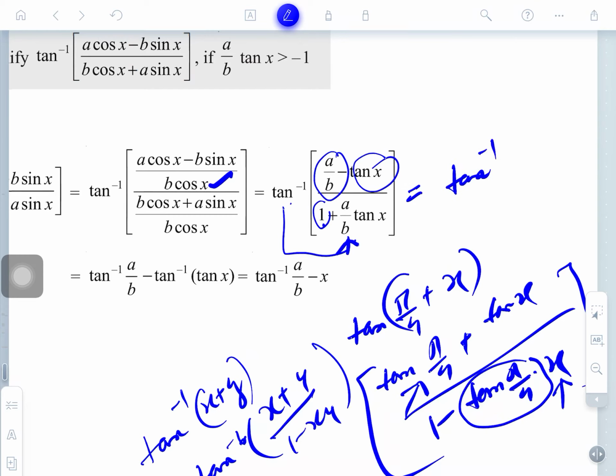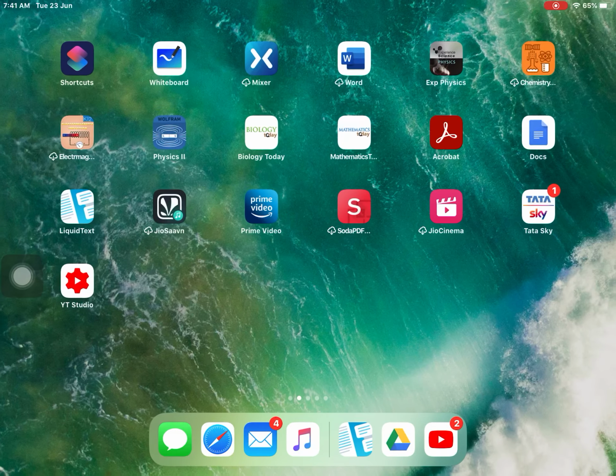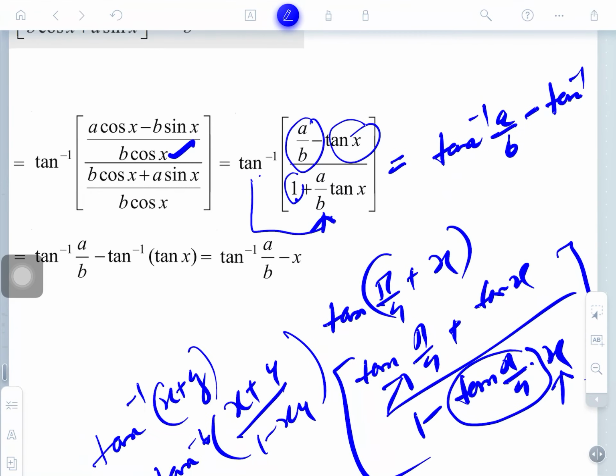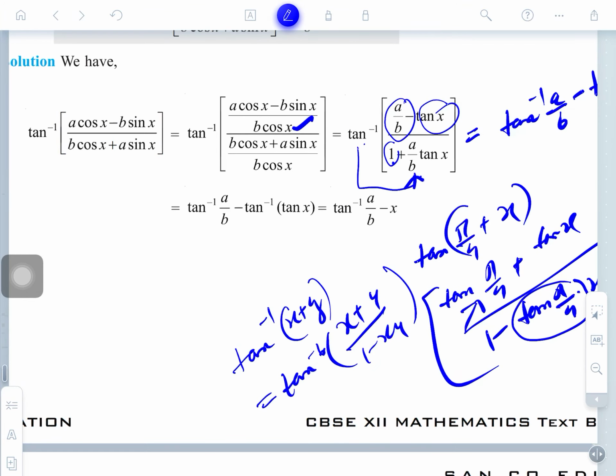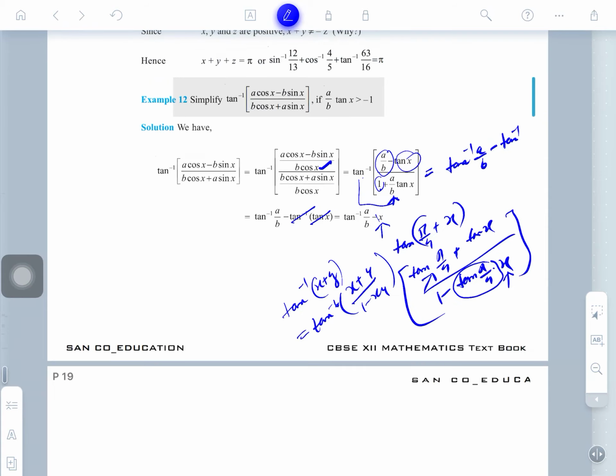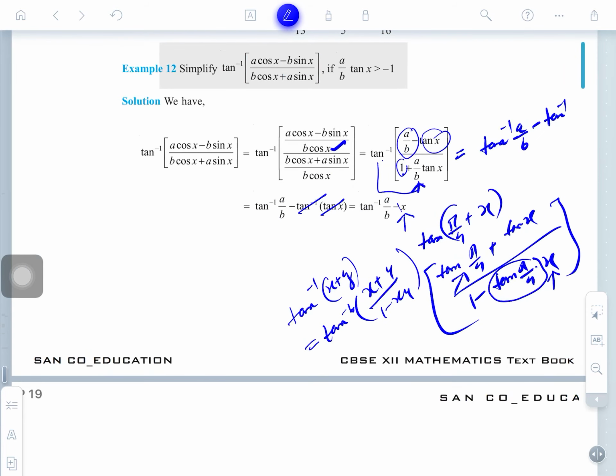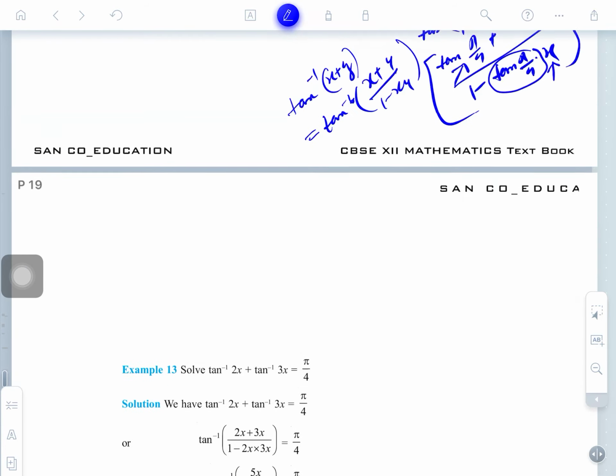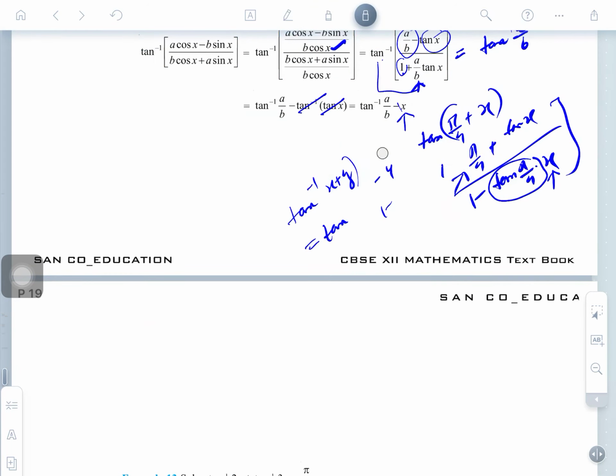In that place can we write tan inverse of the first quantity, A by B, and tan inverse of the second quantity, which is x? Clear, guys? So let this be here. So the tans cancel, x is coming here, tan inverse A by B is there. A very simplified expression is before you. Further it cannot be solved. Right, guys? Well understood?